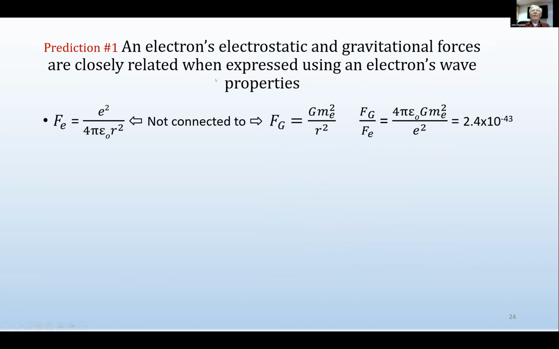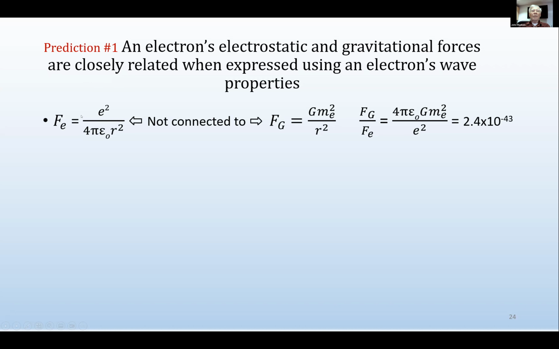So I now get to predictions. An electron's electrostatic and gravitational forces are closely related when expressed using the electron's wave properties. To begin with, we have the Coulomb law for two electrons. The electrostatic force: two electrons both have charge e, and we divide it by this. There seems to be no connection between that and Newton's gravitational law, which in this case has the two electron masses, so I have mass squared.